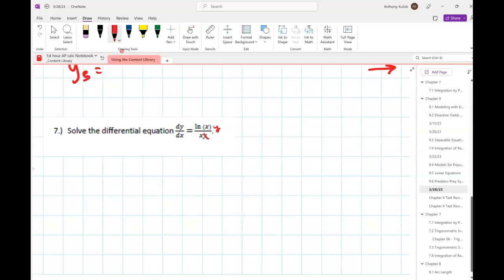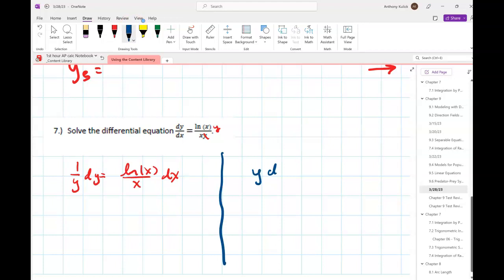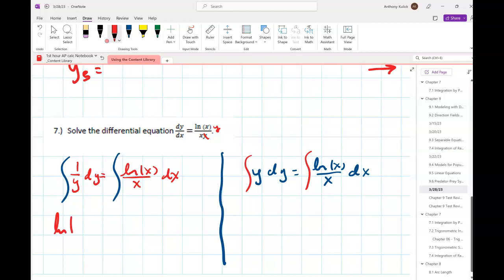So when I separate, I'd have 1 over y dy equals natural log of x over x dx. And if you did it the other way, you'd have y dy equals natural log of x over x dx. So we'll do them both alongside each other since at that point we'd be ready to integrate. The antiderivative of 1 over y is the natural log of y.